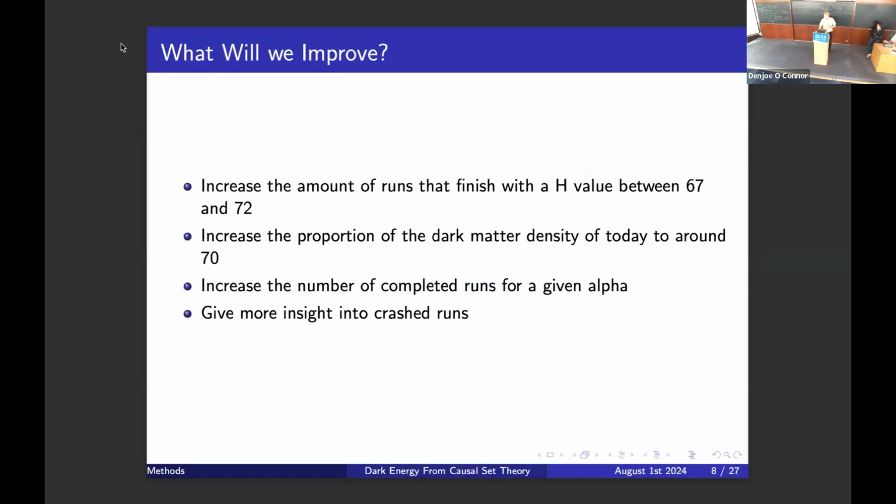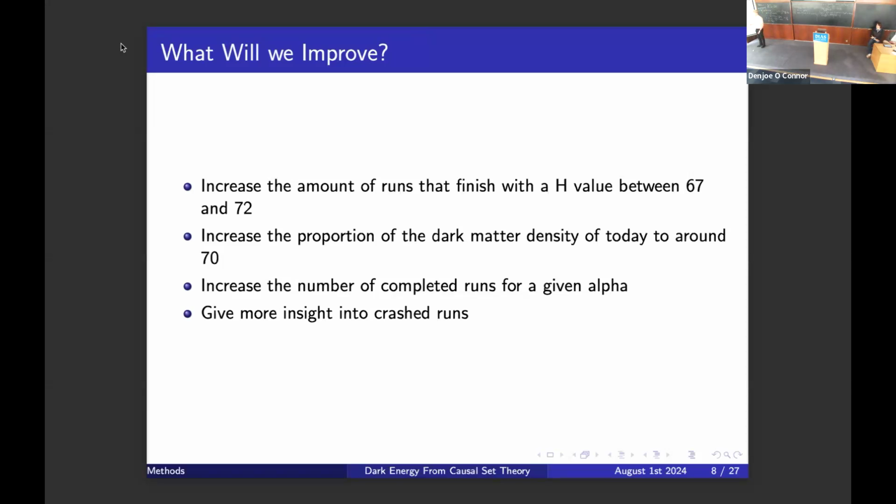And then these are things that we'd like to improve. Obviously we want to increase the number of runs that finish with an H value that we think is the value today, so we can look at those runs and see if they have anything in common. We also want to increase the proportion of dark energy density to around 70%. We know that it's roughly 70% today.